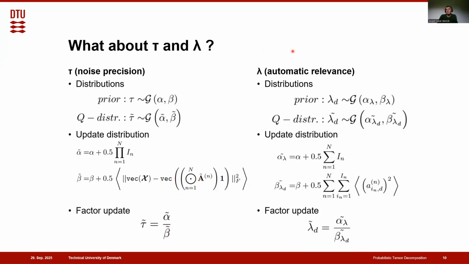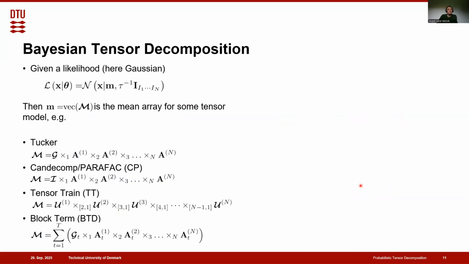The automatic relevance determination is very simple as well. We can do gamma priors for this noise precision, and then we update them where they are the sum of how many observations there are in each mode. And then to get beta, we have to get the second order moment for each factor, so also something we have already.